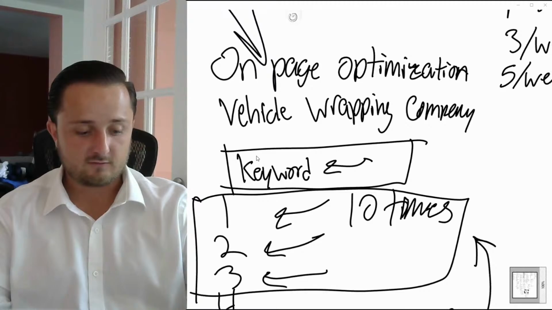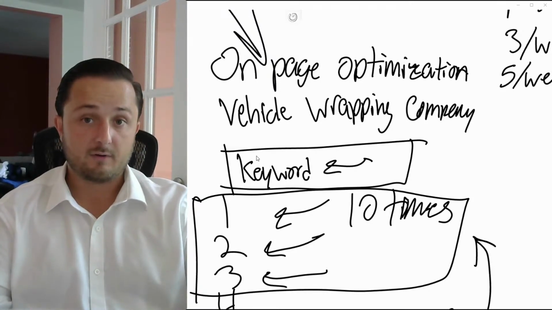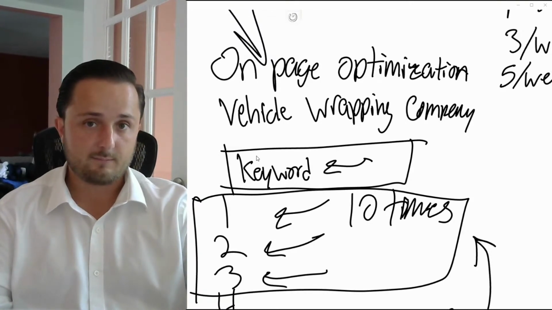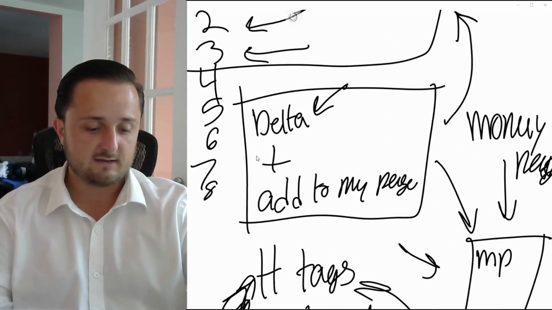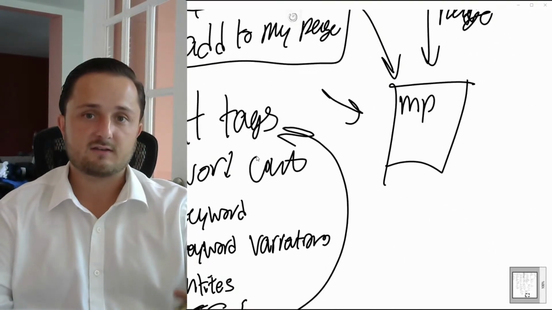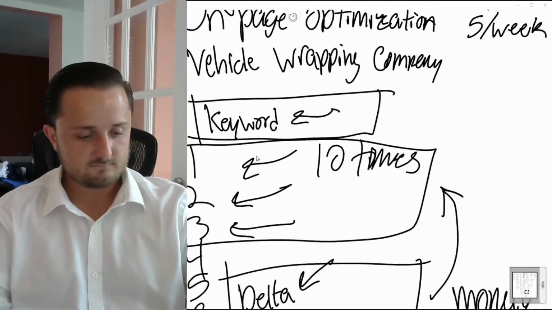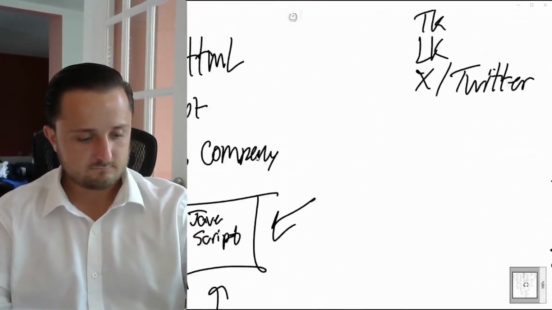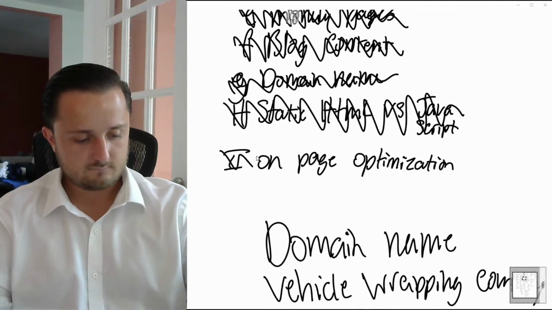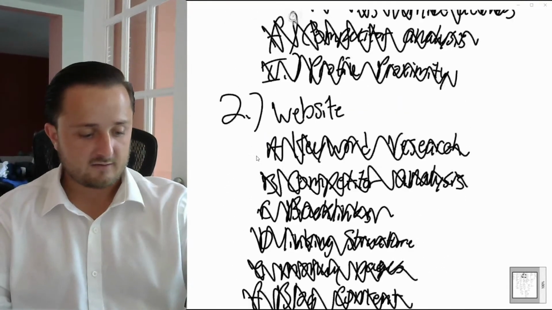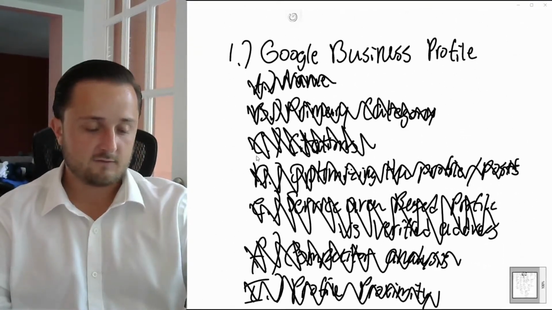So I'm a vehicle wrapping company, so maybe this is boat wraps. So I'm going to go search boat wraps. I'm going to look at my local competition. I'm going to see, okay, this is the delta, this is the difference, this is what I need to add to my page to have it rank.